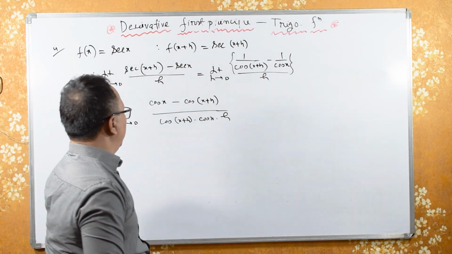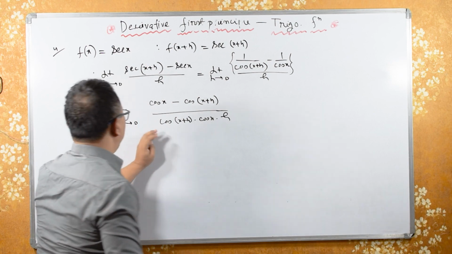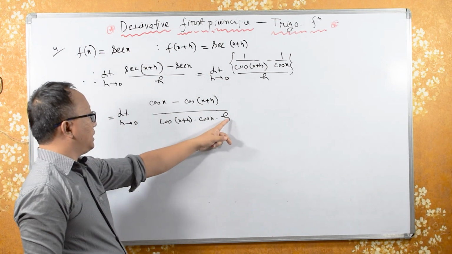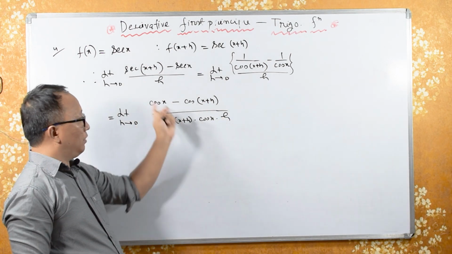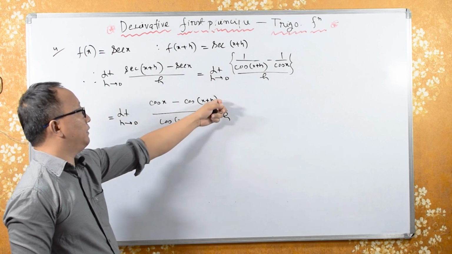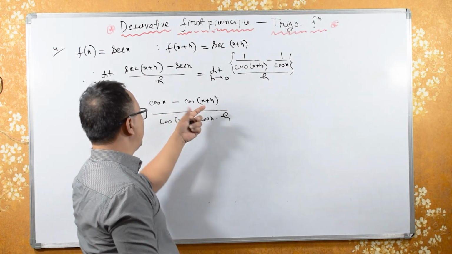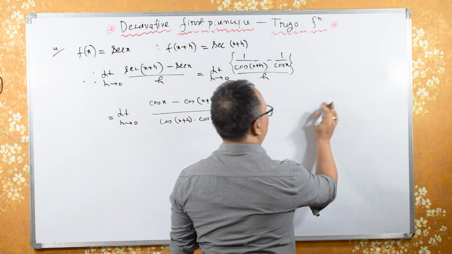Now when h tends to 0, this whole thing is undetermined. So we have to apply the cos c minus cos d formula in order to bring it into sine.